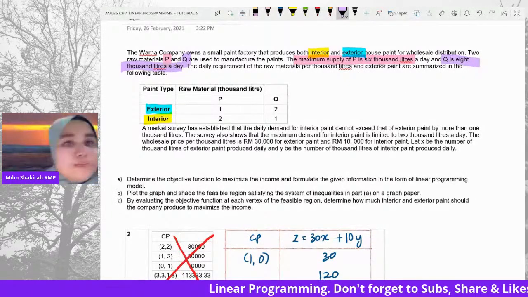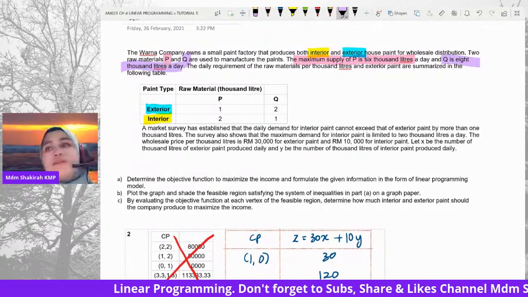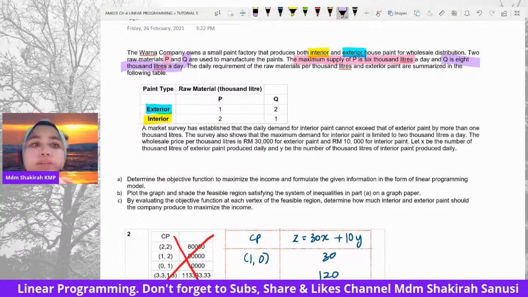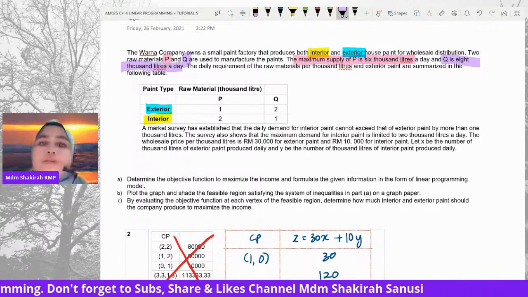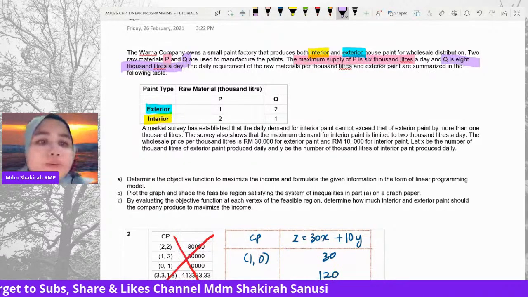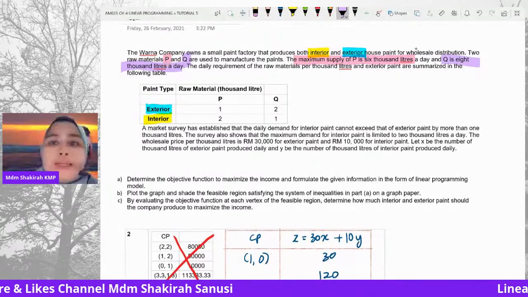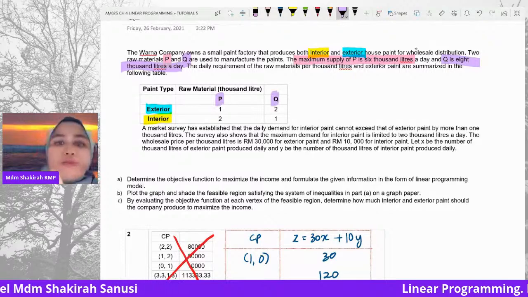So here, the daily requirement of the raw materials per 1,000 liter of interior and exterior paint are summarized in the following table. So kita ada P dan kita ada Q.